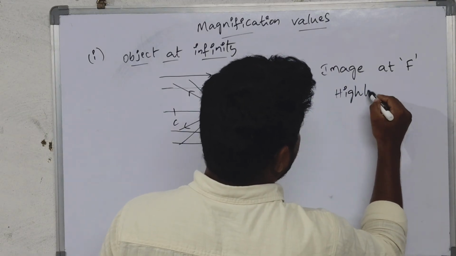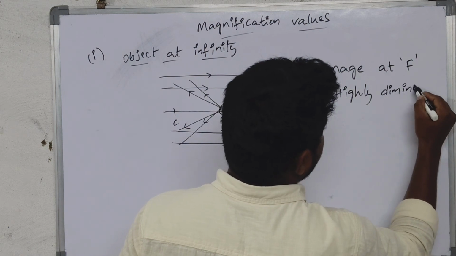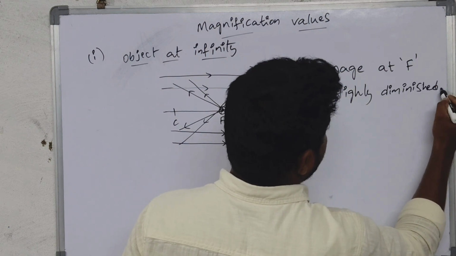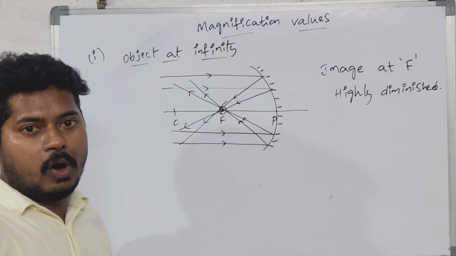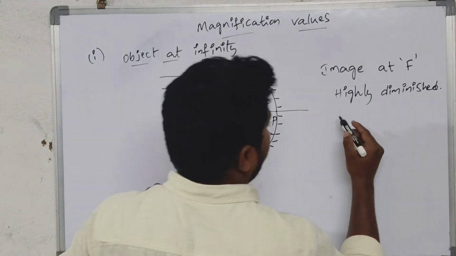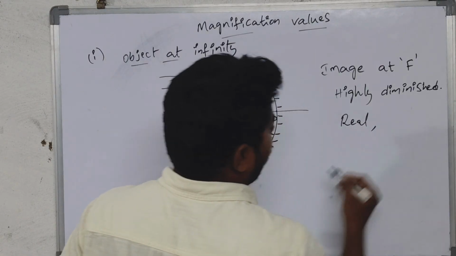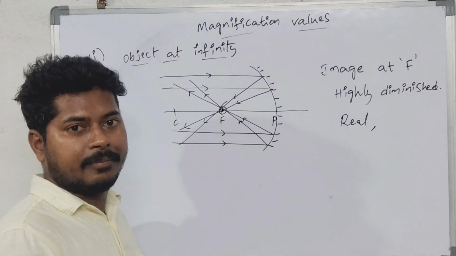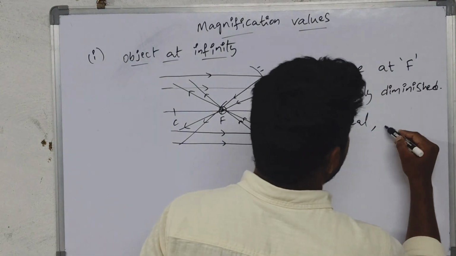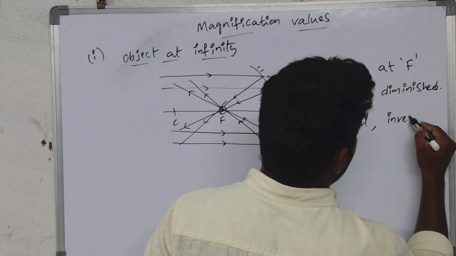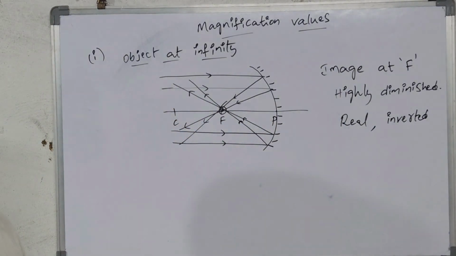Now, the image is real. We know already, all real images are inverted.